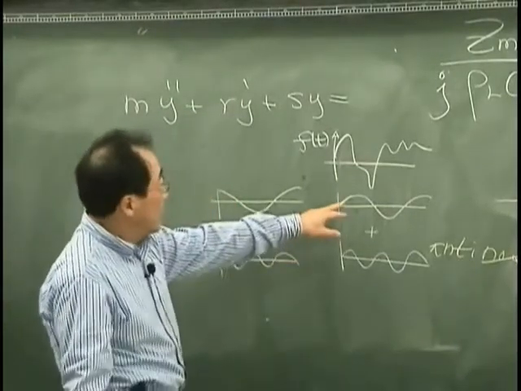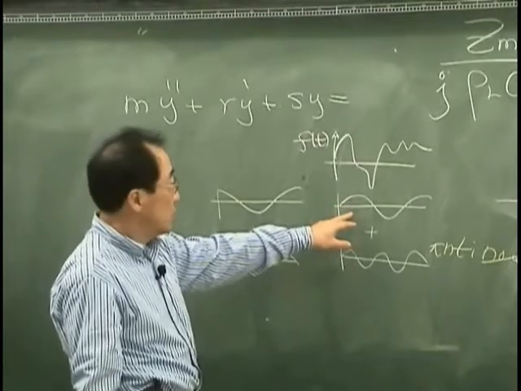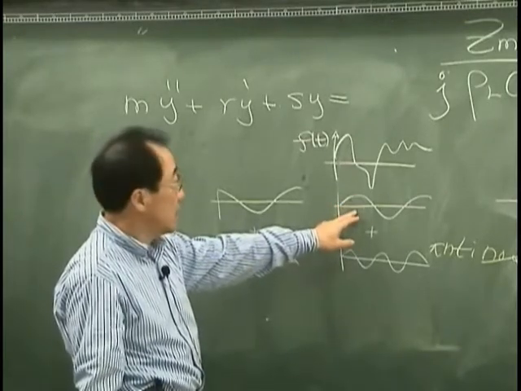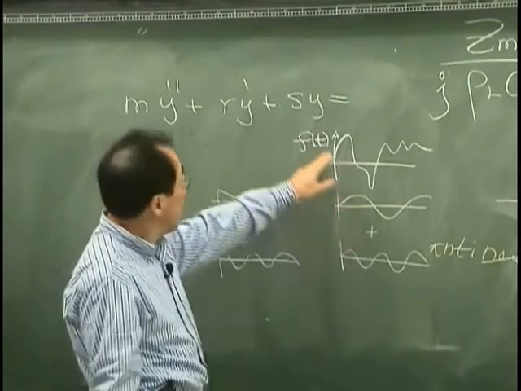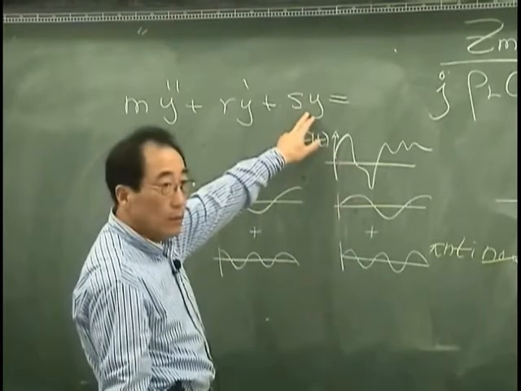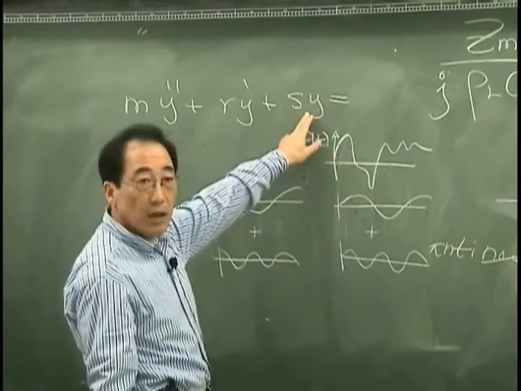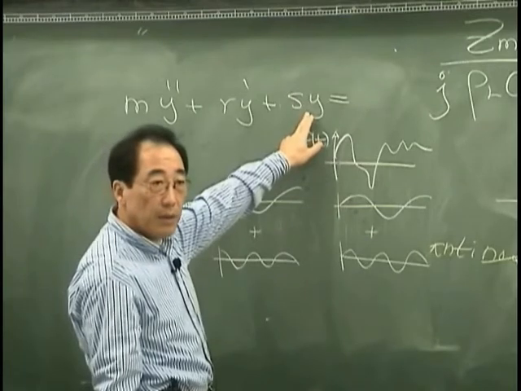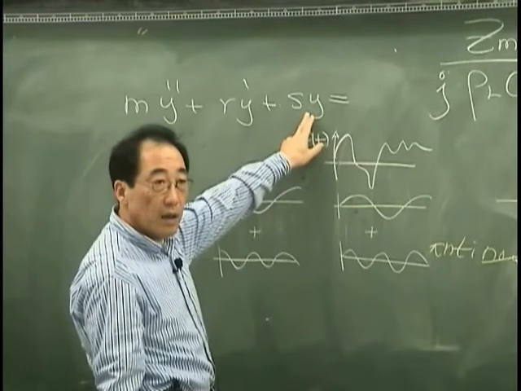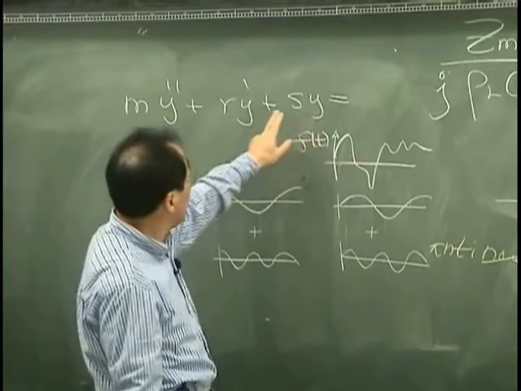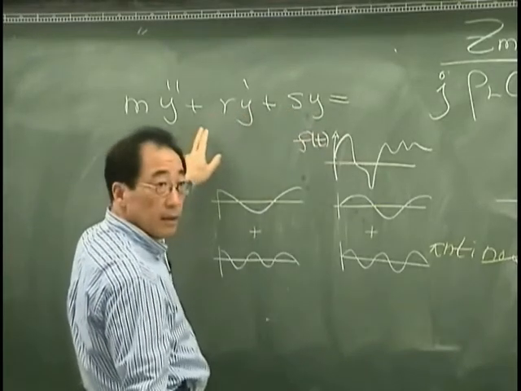Okay, let's suppose we are trying to get a solution due to this sine excitation. Then what would y look like? Y can be sine or cosine because we have y dot, right?